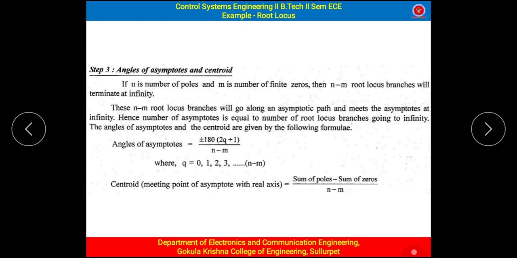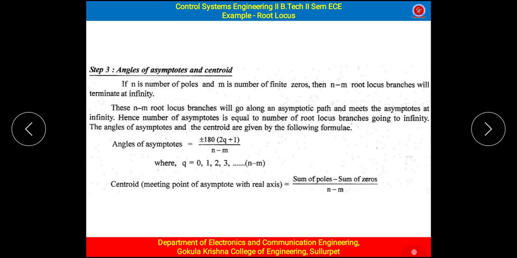The angle of asymptotes is the angle which the root locus branch will follow to reach infinity or to come from infinity. Why are we thinking about infinity? We already know that the root locus branches start from poles and end at zeros.